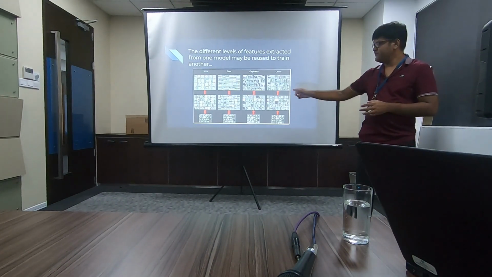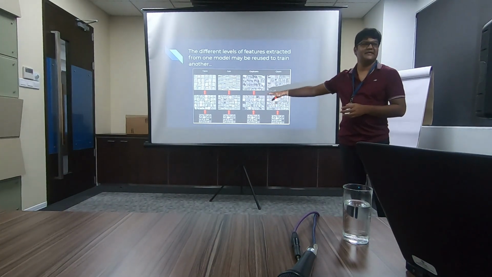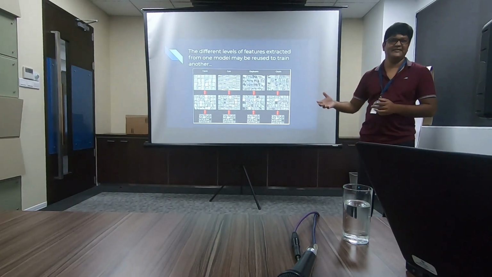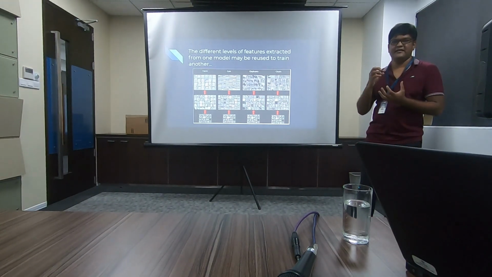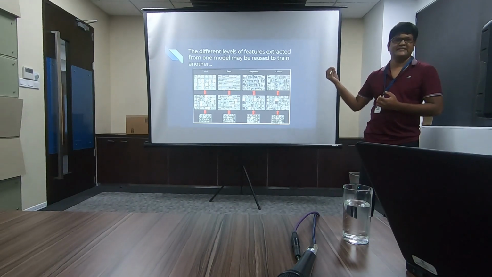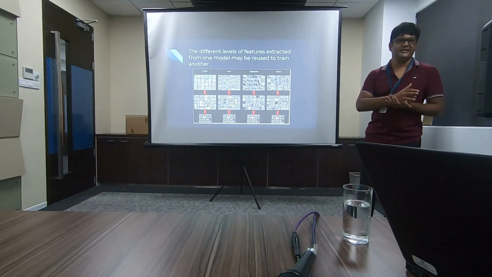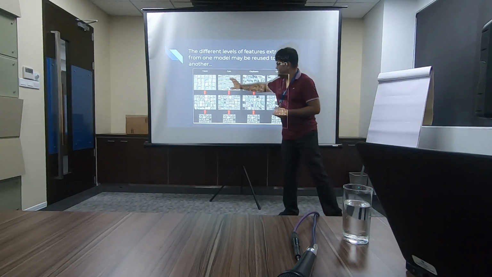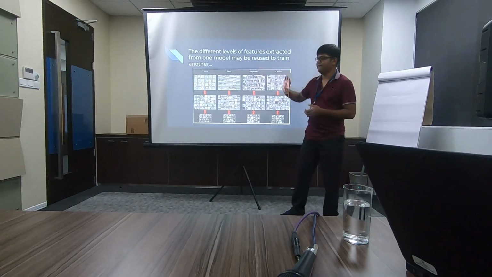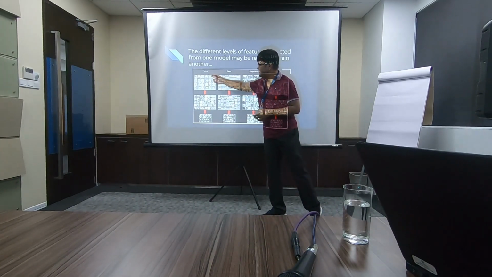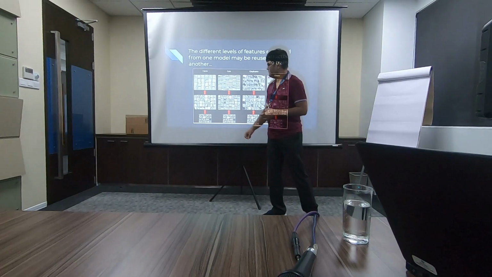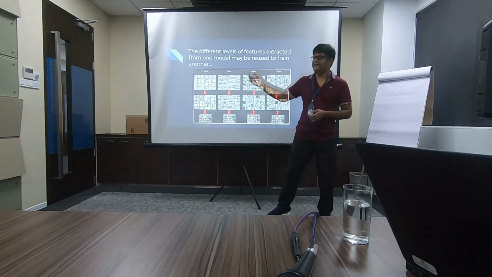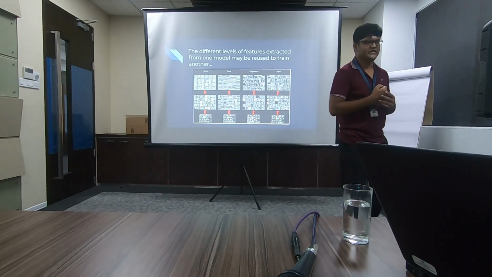That means some of the primitive features they have identified may be common: shapes, lines, those sort of primitive features, and the higher level features are combinations of all those things, right? So if we have this model that's working perfectly and we want to build this one, we might be able to reuse some of the learnings from here, put it there and only do the higher level portion.